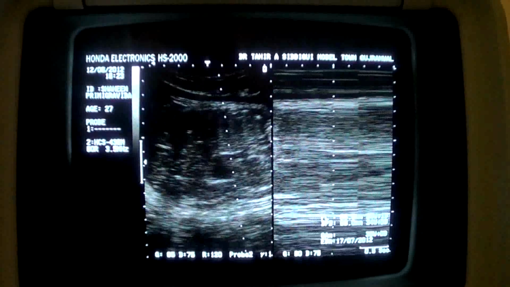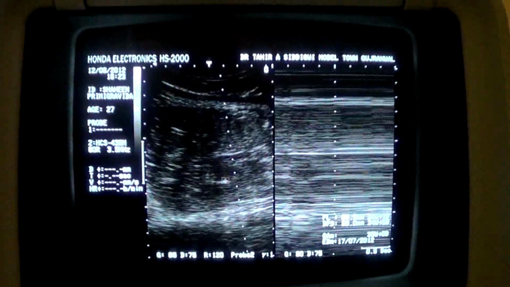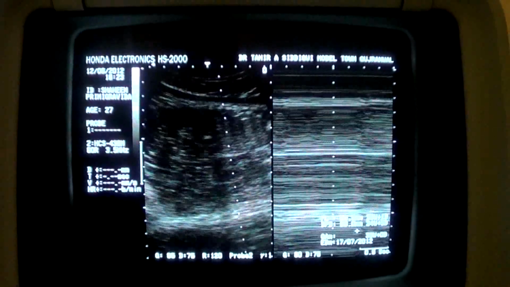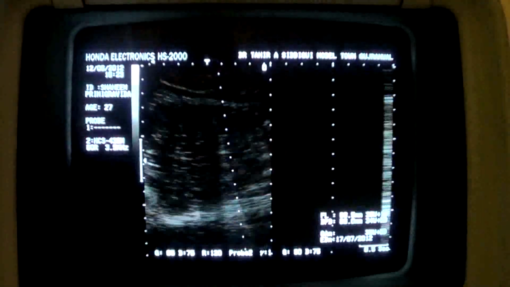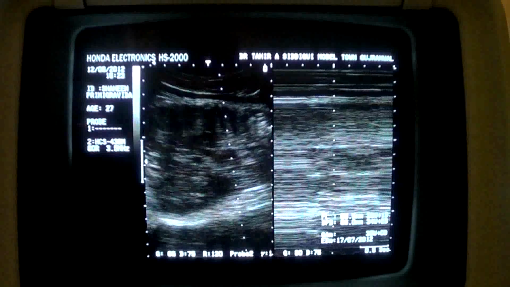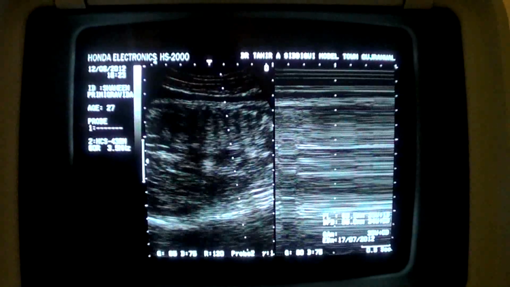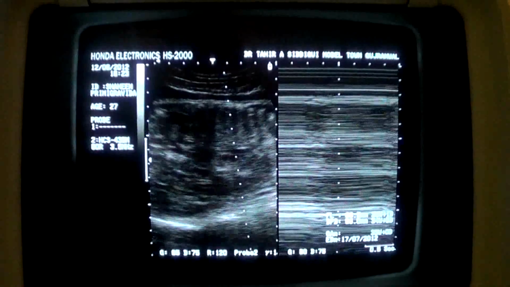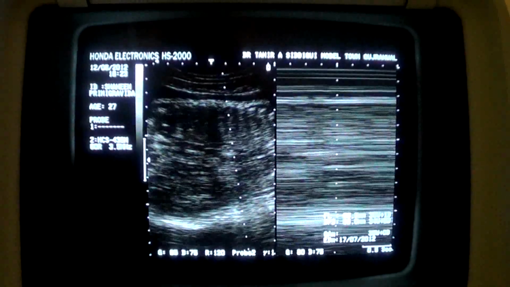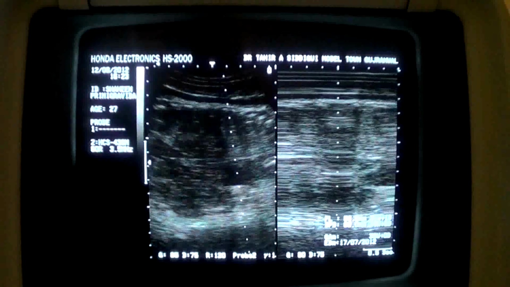This area is that of the heart. And you see a flat line, no cardiac activity is seen. So this is the case of intrauterine fetal demise at 35 weeks gestational age.